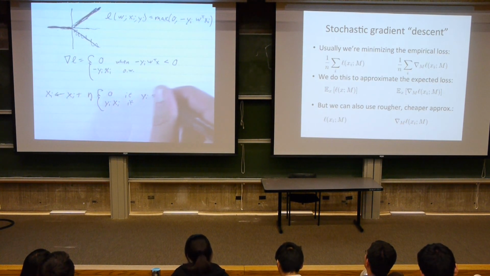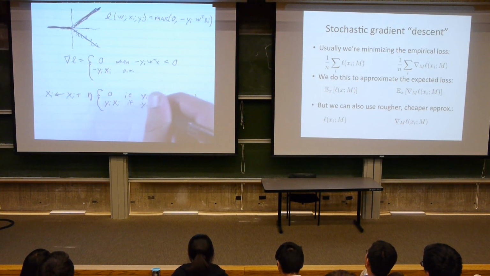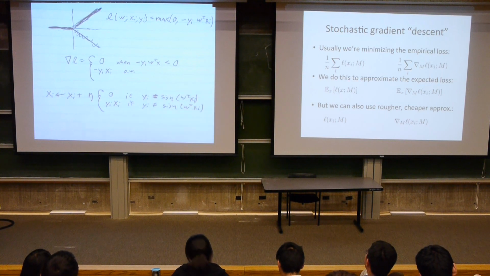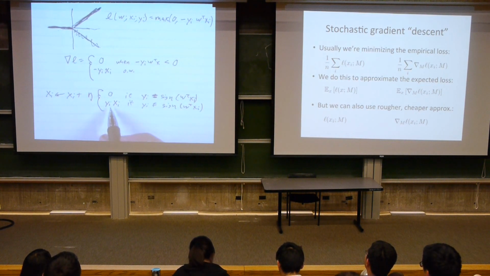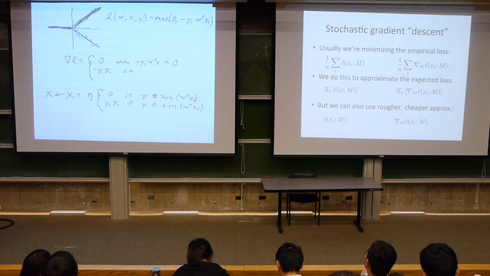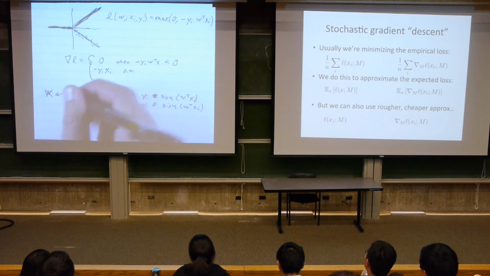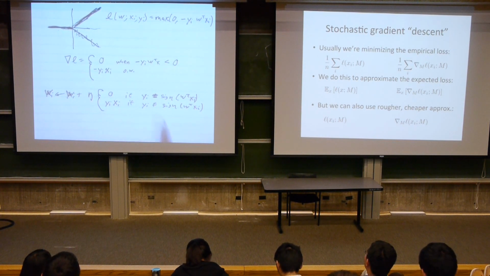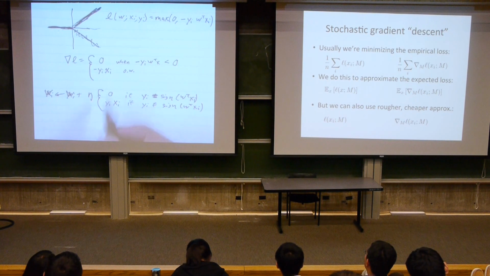So if you got it right, you don't do anything. If you got it wrong, you move eta times xi. Then you basically add xi to your weights if it's positive, and you subtract it if it's negative, times eta.